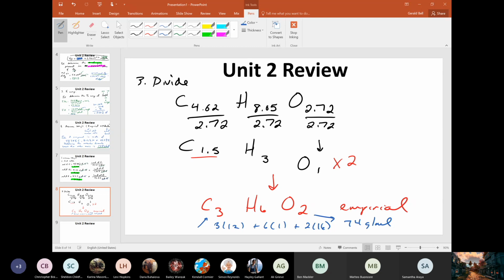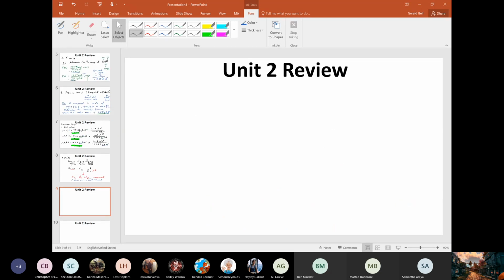So we can go into our step 4. Step 4 doesn't really have a name. It's sort of like you get the right answer. But it's all about taking your molar mass, which is given in the question, divided by your empirical mass, which is just what we figured out.